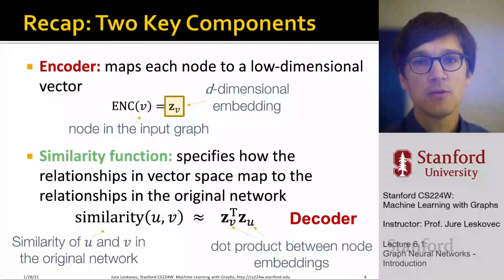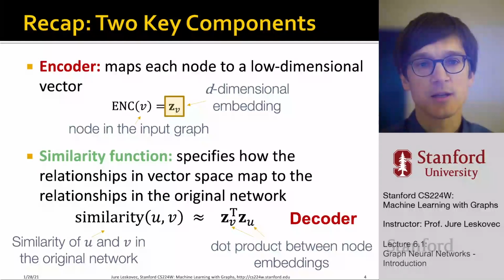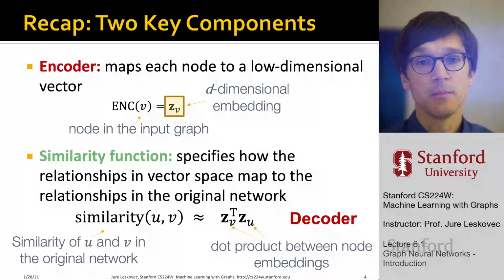We also needed to specify the similarity function that specifies how the relationships in the vector space map to the relationships in the original network. This is the similarity defined in terms of the network, and this is the similarity defined in terms of the embedding space, and this similarity computation in the embedding space we can call a decoder.